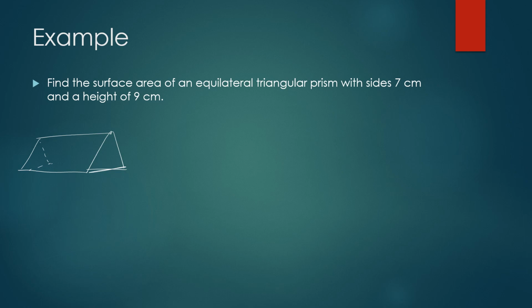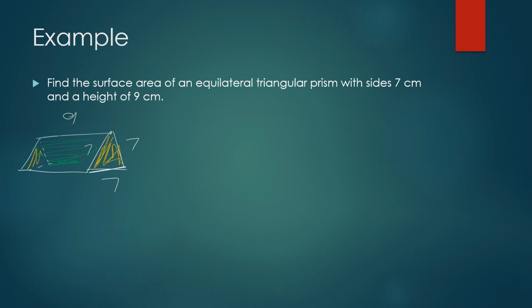What we're given is that the sides of this triangle are 7, 7, 7, and that the height is 9. In order to find the surface area, we need to know the area of the triangle, and we do that twice because there's another one over here. Then we'll need to figure out the area of each rectangle here.